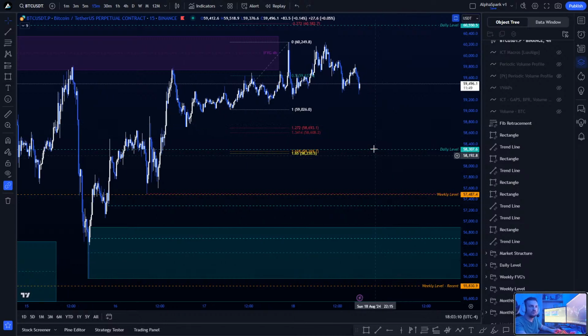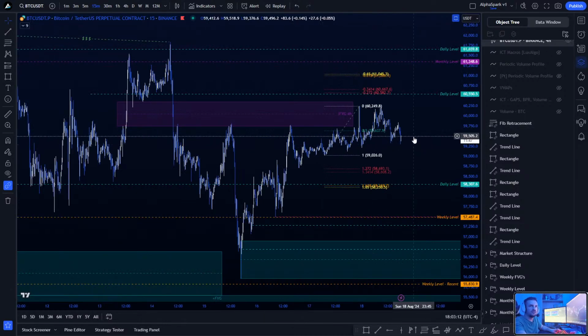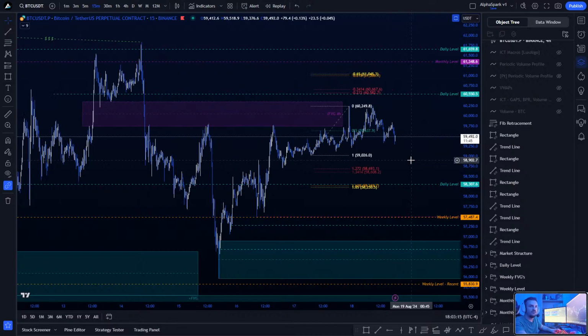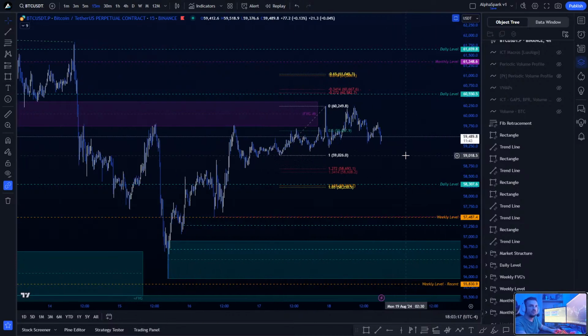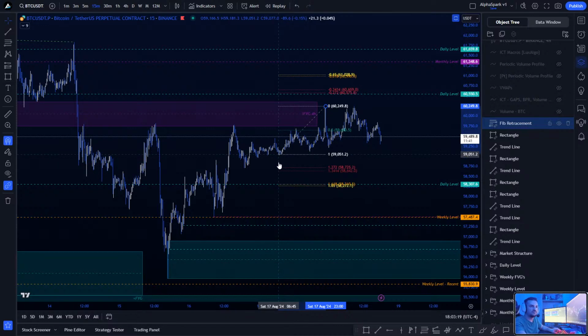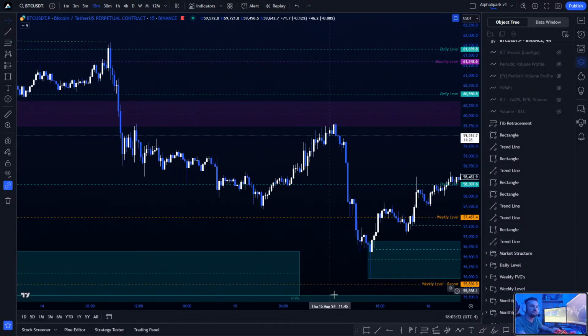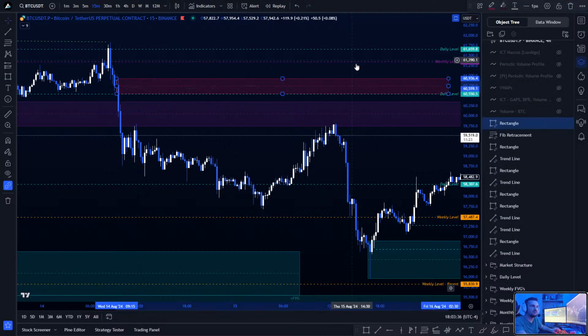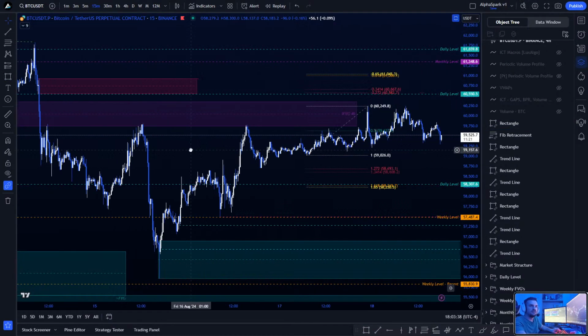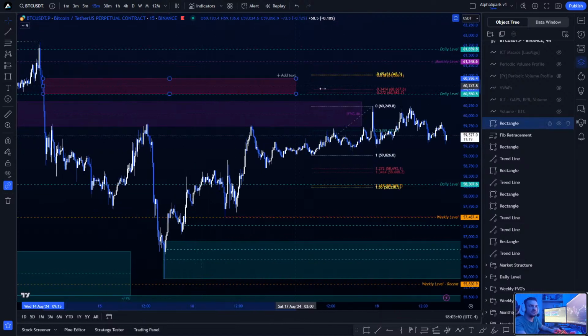Okay, daily level, connection with the daily level, connection with the daily level. Watch out for these two levels, guys. On the bottom, 58,300. Take notes, 58,300, and then 60,580. I'm also going to mark out this order block here. Take note of these levels for potential scalps.